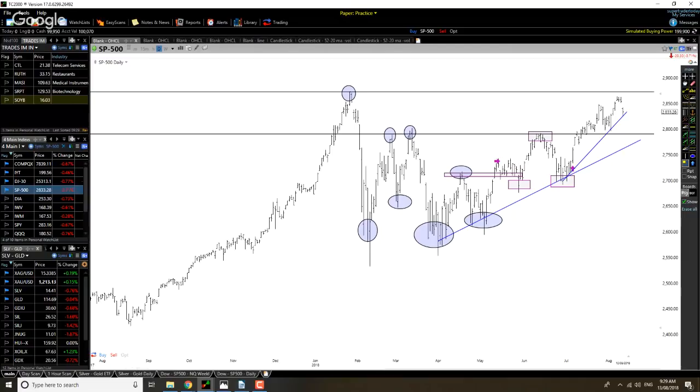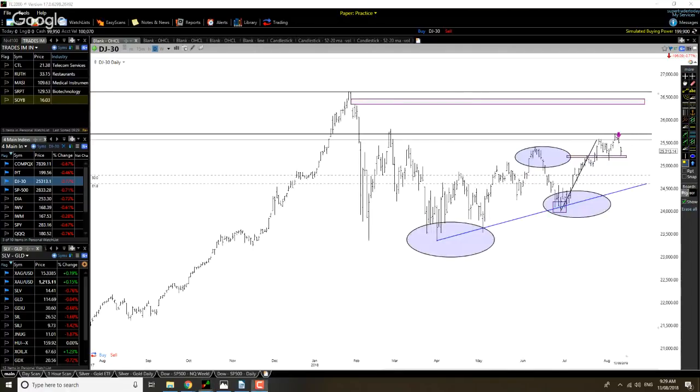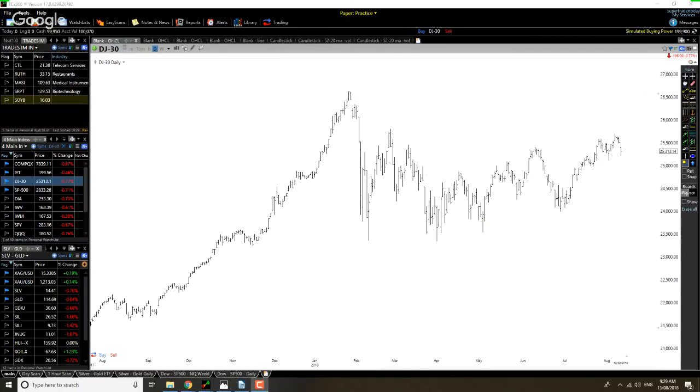That's the S&P. Now if you go look at the Dow Jones, who's in control right now? Let me take everything off the screen for a minute. If we're looking at the Dow Jones, we had a high, a higher low, a higher high, a higher low, a higher high.